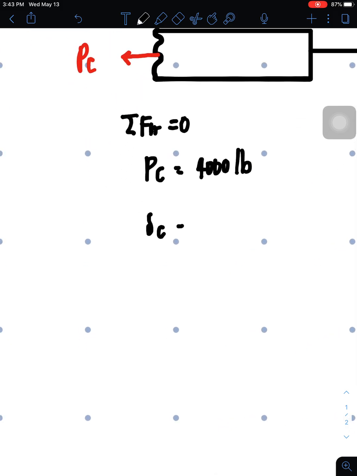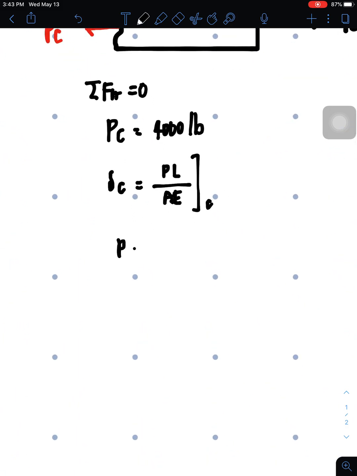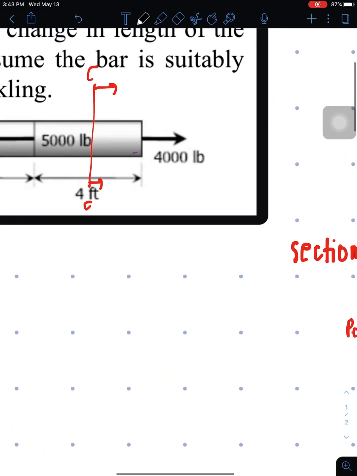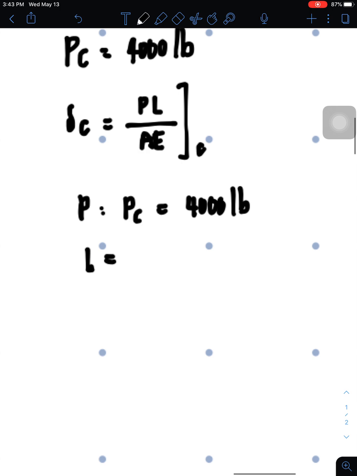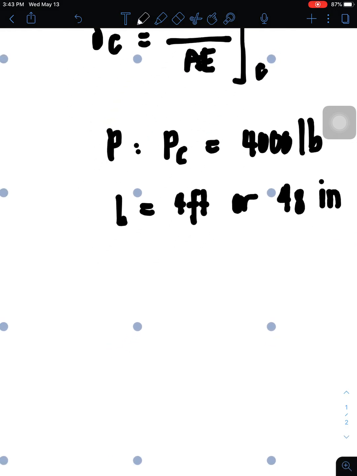And for the deformation, this is PL over AE for section C. So what is our P here? This is equal to PC, and that is 4,000 pounds. Then our L in section C is 4 feet, or I can rewrite that as 48 inches.